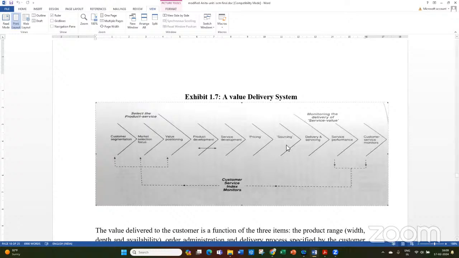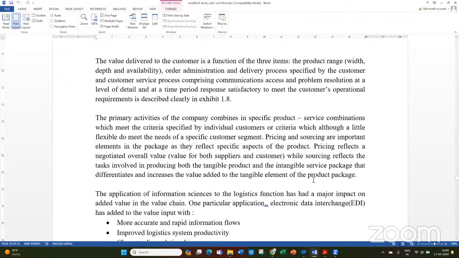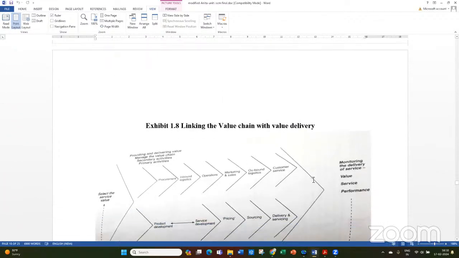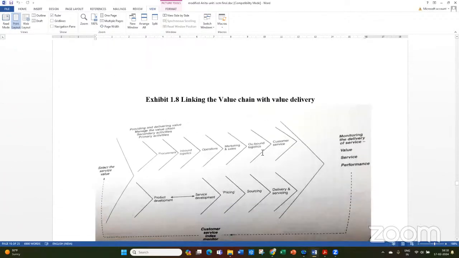Right source, sometimes the quality of material not good, so you are not creating value. Right? Value change to value.